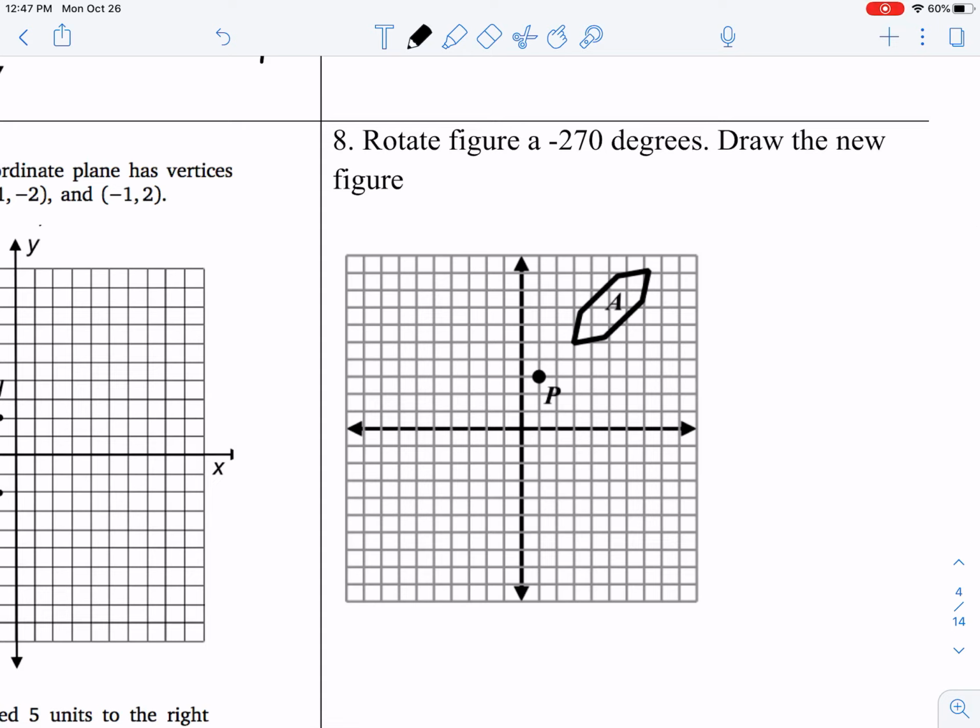Number 8, rotate a figure negative 270 degrees. Again, if we just stick with the origin, don't mind this P right there. If I take this coordinate, it is (3, 5).